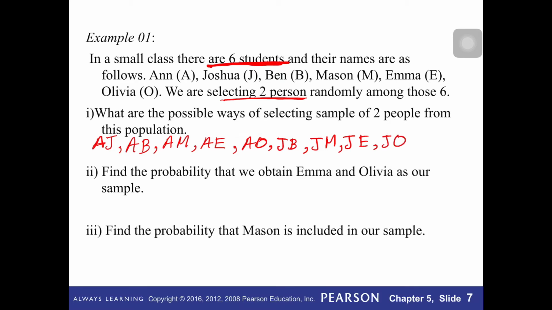So first try to catch one guy and try to make pairs with him, with all of them. Okay, Joshua has gone. Now you can select capital B, which means Ben. So with B I can consider capital M. With B I can consider capital E. With B I can consider O. Okay.